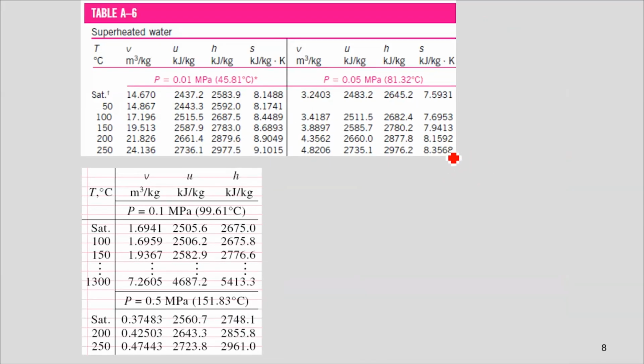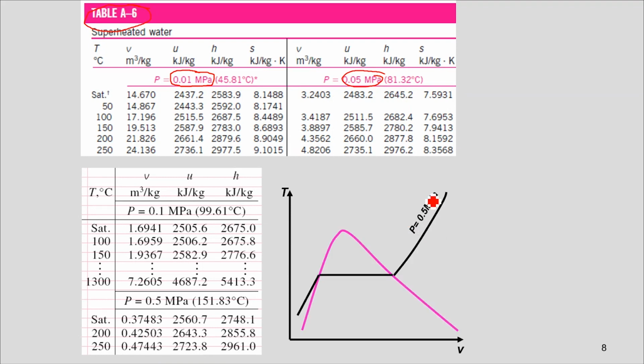Once you have identified the region of your system, you'll go to table A6, which is the superheated table. In the superheated table, you'll have to identify the pressures that you are dealing with. For example, if you have a system in which your pressure is 0.5 megapascal, your saturation temperature is 111.5, and your system temperature is 250 degrees centigrade, you have a temperature greater than T saturation. T is greater than T saturation, so you are in the superheated region.